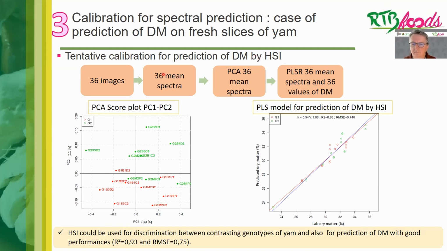in fresh yam. So we take the 36 images that we acquired on the two genotypes, like I showed you before, and then we also calculate 36 mean spectra. From these 36, we apply principal component analysis, PCA, to the mean spectra.